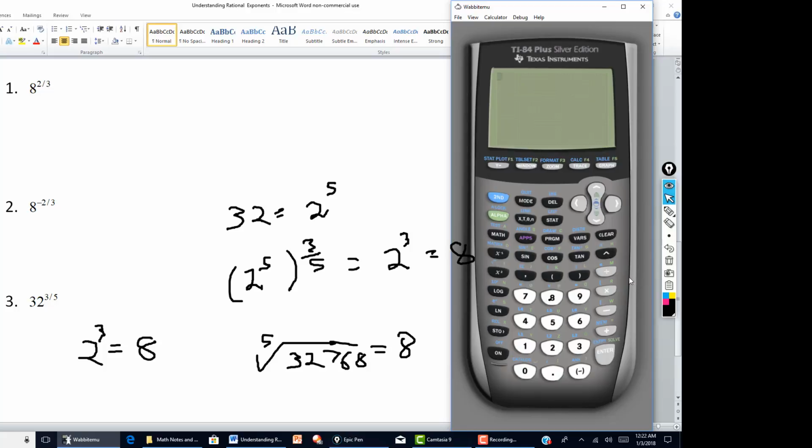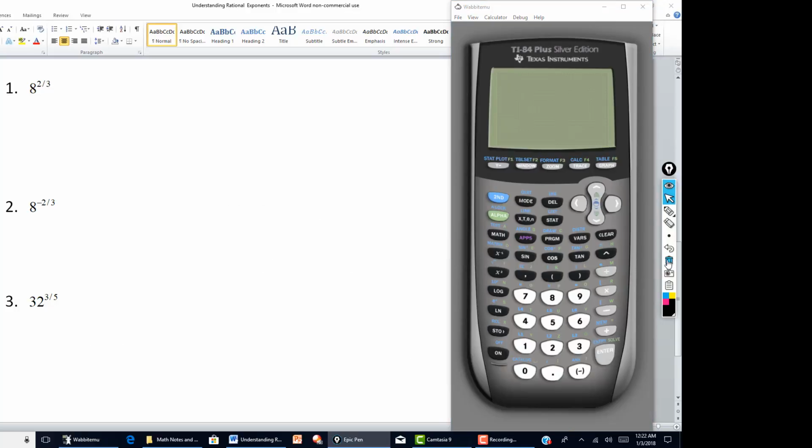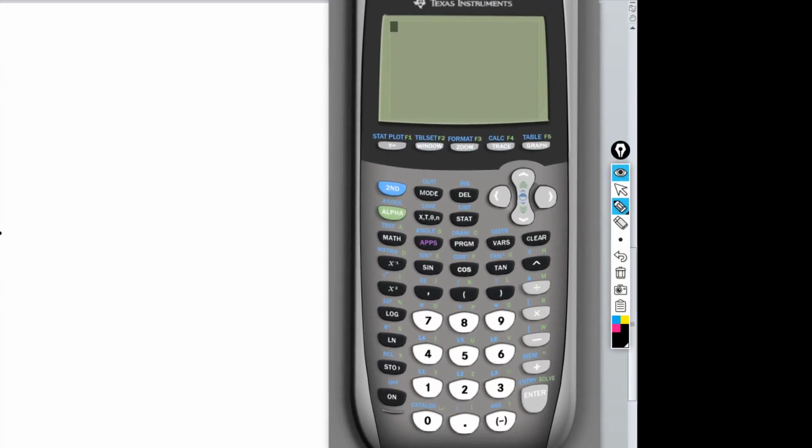Now let's suppose you had something like 8 to the 1/7 power, which is the same thing as the 7th root of 8. Well, here I can't get an exact answer.